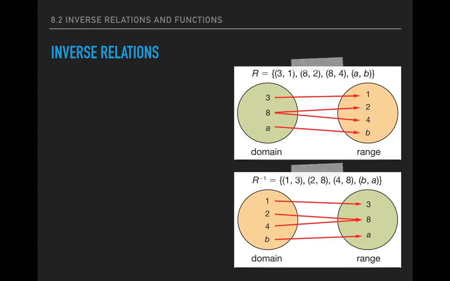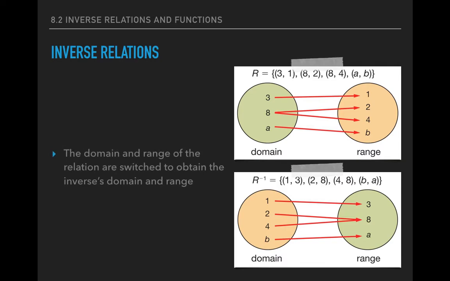And your points are now 1 going to 3, 2 going to 8, 4 going to 8, and b going to a. So the domain and range are switched, and that is what will give you the inverse's domain and range.